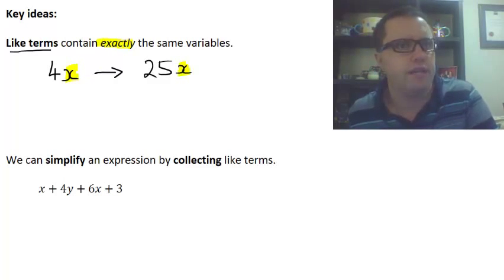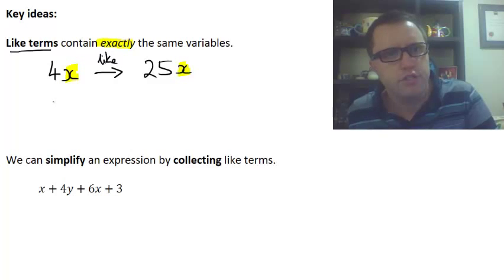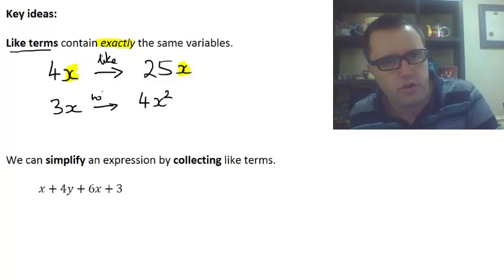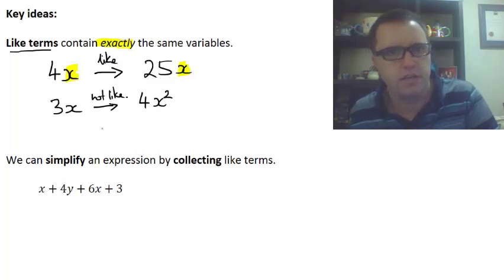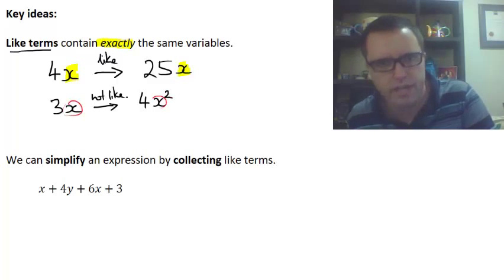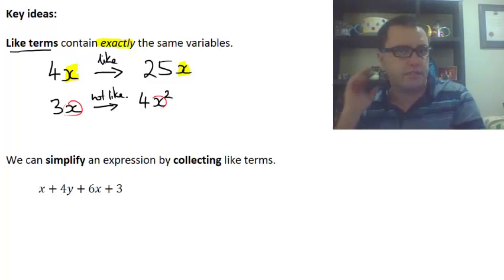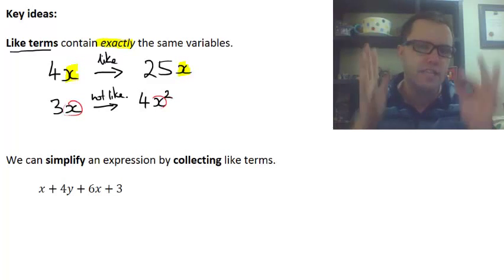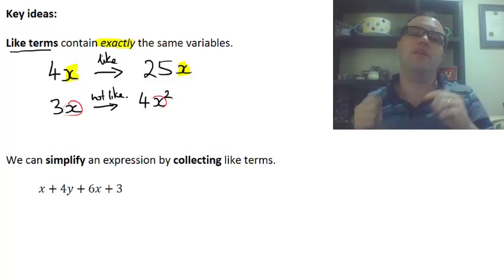But 3x and 4x squared are not like terms, because this one's got an x, whereas this one has an x squared, which is the same as xx, x times x. So they have to have exactly the same letters in them to be like terms.